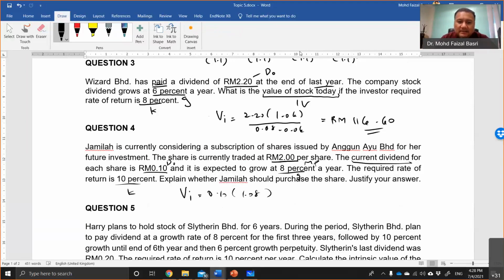The K is 10%, 0.1, minus 0.08, the G. So you get RM 5 ringgit and 40 cents. Okay, 5 ringgit and 40 cents.